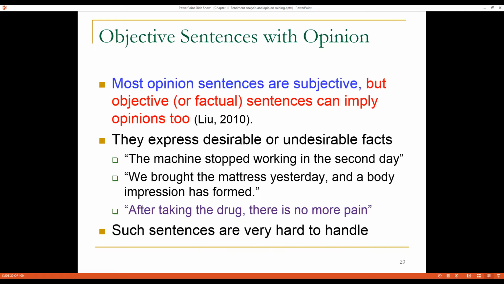Or we bought the mattress yesterday and a body impression has formed. Well, nobody wants a mattress that won't hold its form. Or after taking the drug, there's no more pain. Such sentences are kind of difficult to handle.